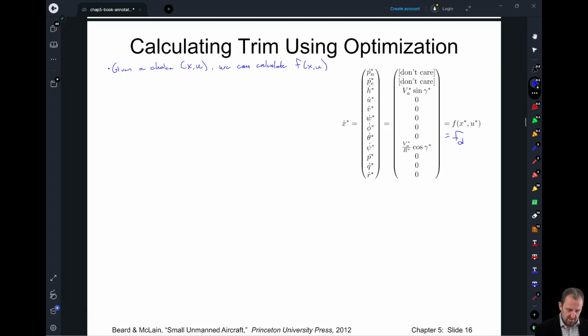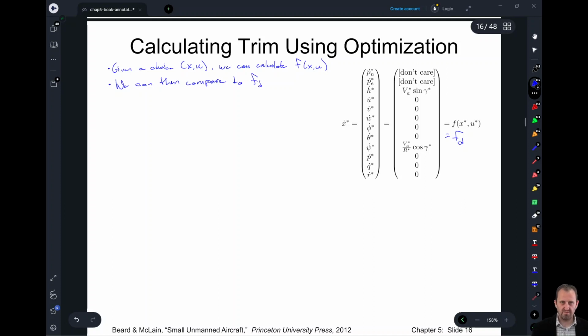Then we can compare this to our FD, our desired value for our dynamics. To do that, we're going to let this delta be equal to f of xu minus FD. I actually wrote it backwards in my notes, but that's fine.